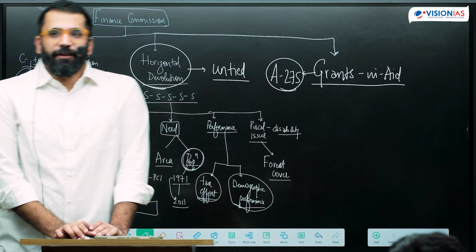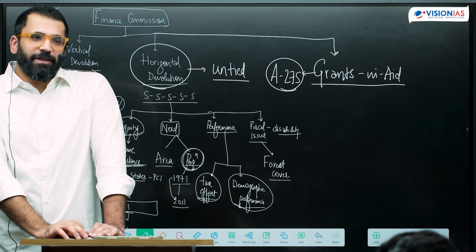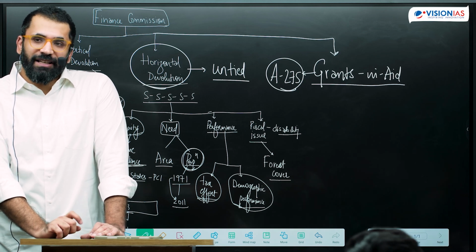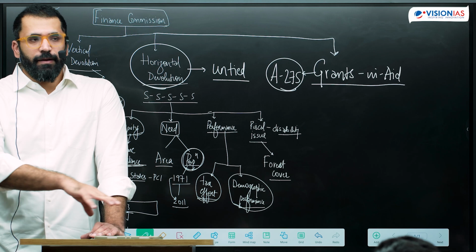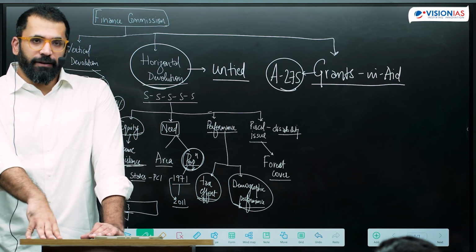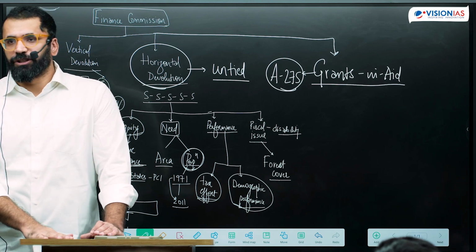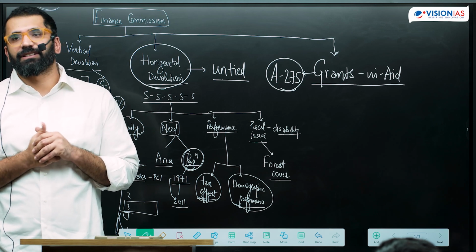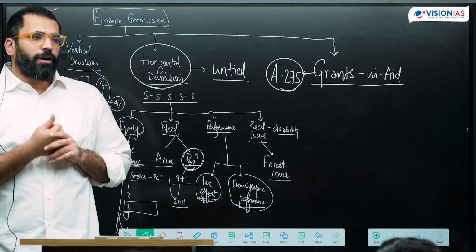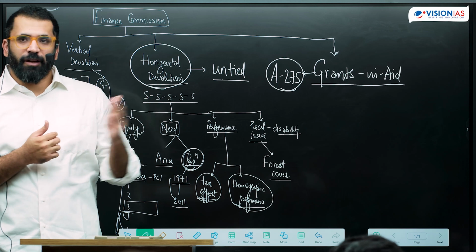So horizontal and vertical devolution were the major role of the Finance Commission, to decide how much the states should get and then decide the formula based on which each individual state will get the money. Apart from that, Article 275 says statutory grants which the center can give to the states to help particular states based on a number of factors.